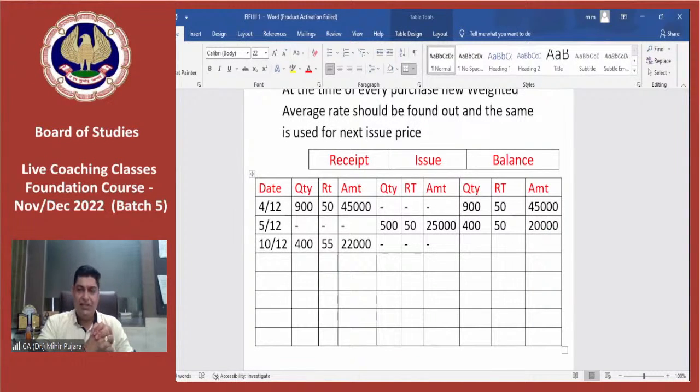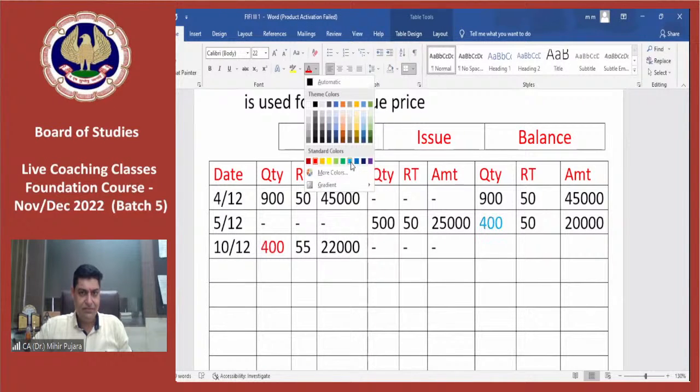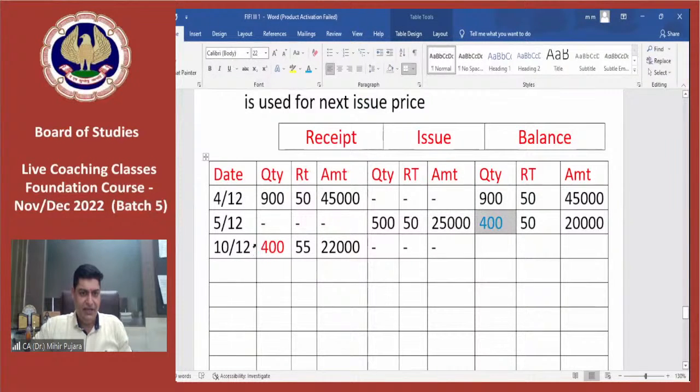Now we need to find out the average cost. Now please concentrate, guys. What we are doing: quantity plus quantity, that is 800, guys.